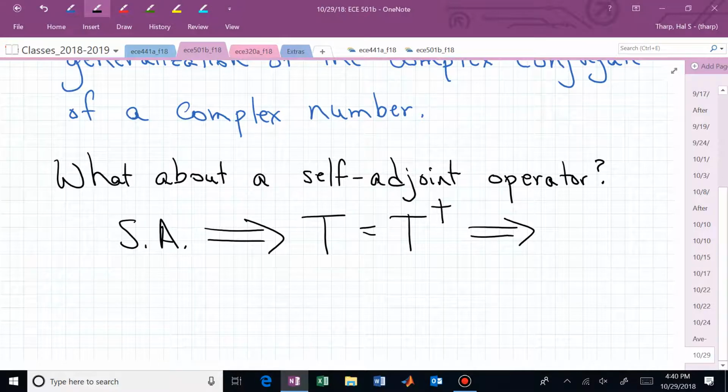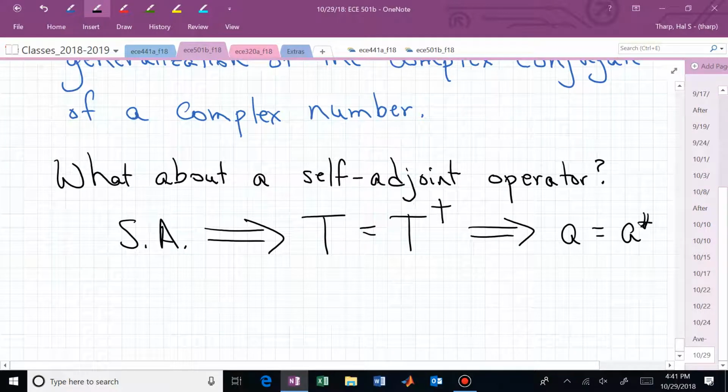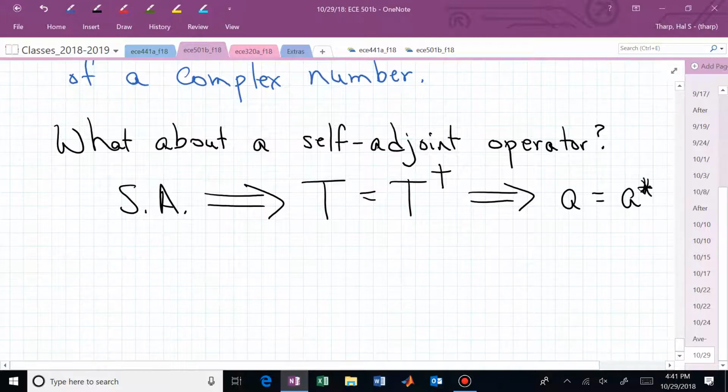What were we using for the linear map T? Just A. And what were we using for its adjoint? A star. So now if we're forcing A to be equal to its complex conjugate, what does that imply for this simple one-by-one matrix case?